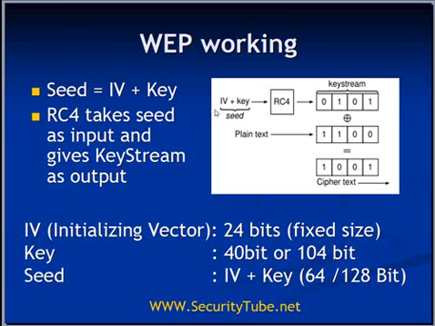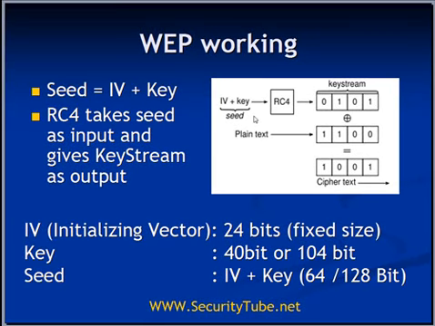Now let's see the importance of the IV. If I have a plain text message, I will XOR it with the key stream and I will get the cipher text message. For every plain text message, the key stream is going to be constant because we have the same key at transmitter and receiver. So it will be very easy for the attacker to guess the key stream, and very easy to generate the plain text from the cipher text message. To avoid this, WEP introduces the IV, or initialization vector, to the key stream.